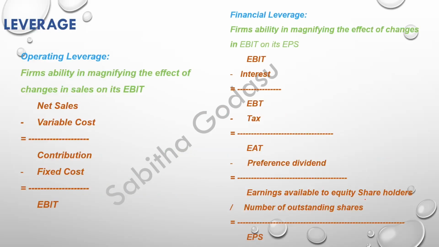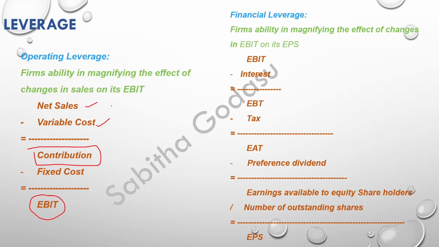For operating leverage, generally we start with net sales. Net sales is the total revenue received on sale of the total manufacturing units. If you subtract variable cost from net sales, the amount you get is generally called contribution. From the contribution, if you subtract fixed cost, then you get your EBIT.